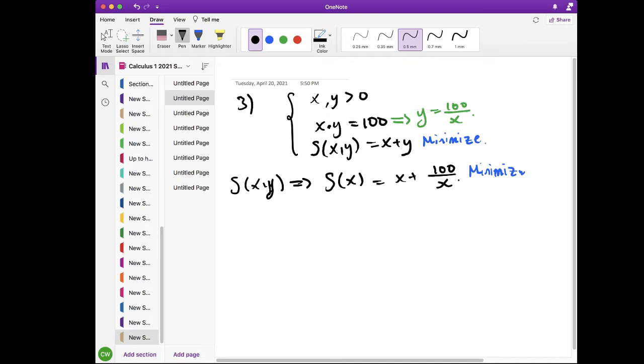Yeah, so we really want to find local mins. Okay, so s prime is equal to 1 plus, and then how do you do the derivative of 1 over x?